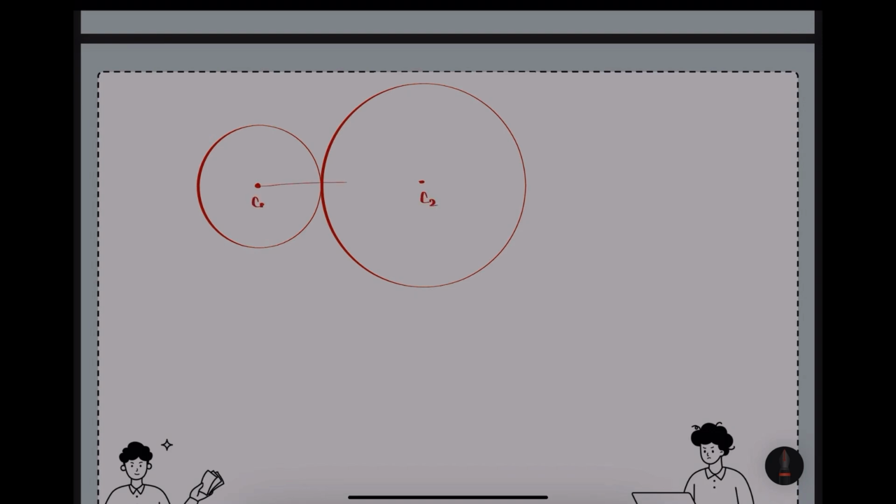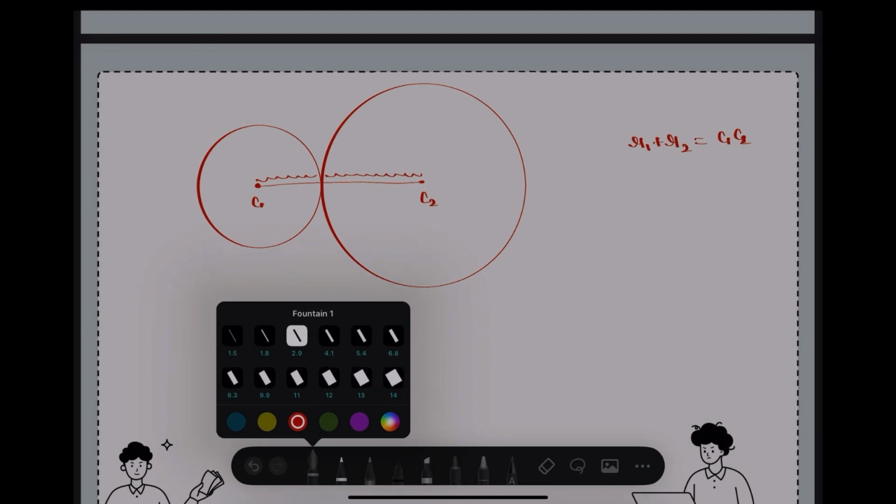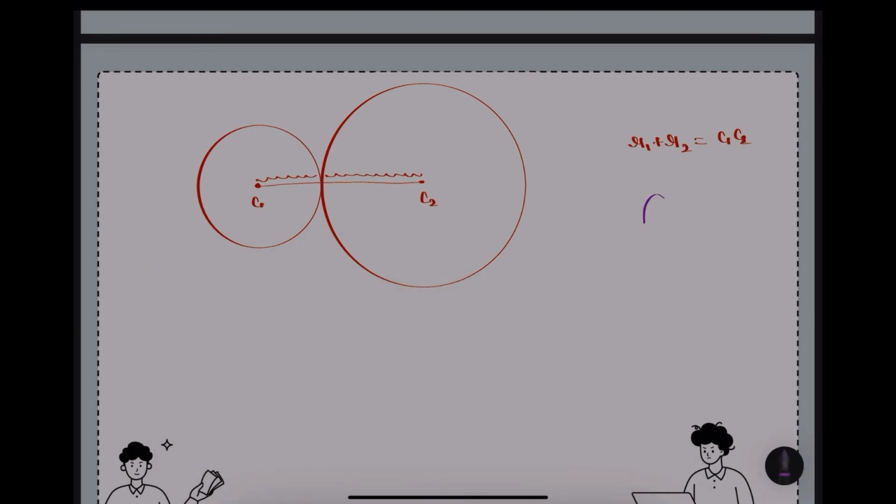Now look at radius 1 and radius 2. Don't you think that the sum of the radii will be equal to the distance between the centers? So radius 1 plus radius 2 is equal to the distance between centers C1 and C2. So in this case, you will have this many tangents. Look at this.